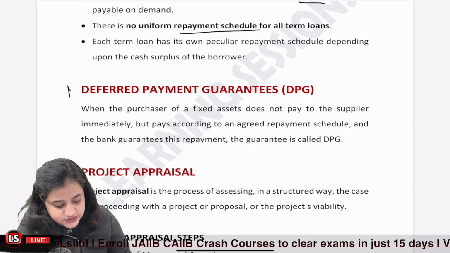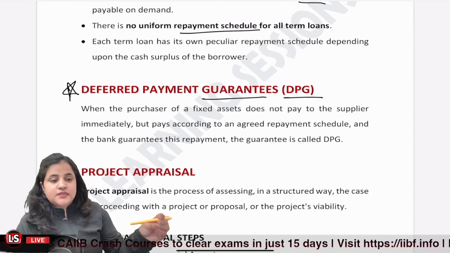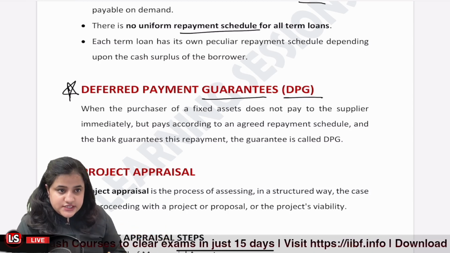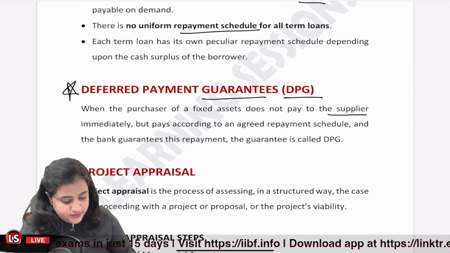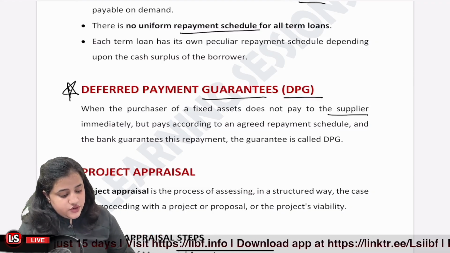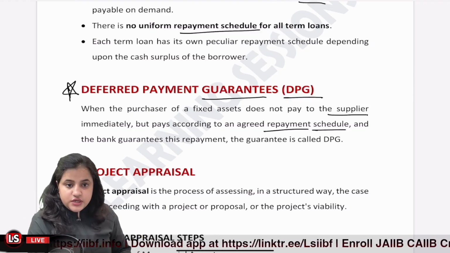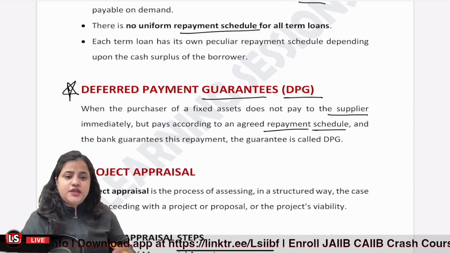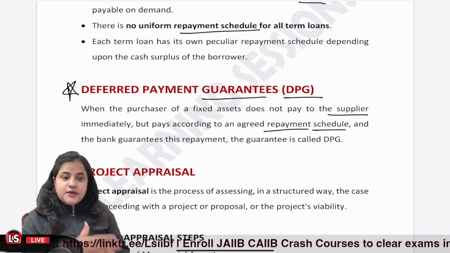Then another method is deferred payment guarantees. So what are deferred payment guarantees? If we are purchasing a fixed asset from a supplier and we do not want to pay them immediately, but according to an agreed repayment schedule, instead of taking a term loan for purchasing an investment, we can make an agreement with the supplier that we will pay in installments.